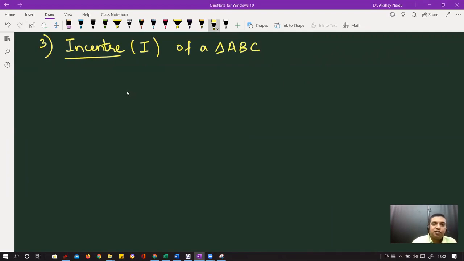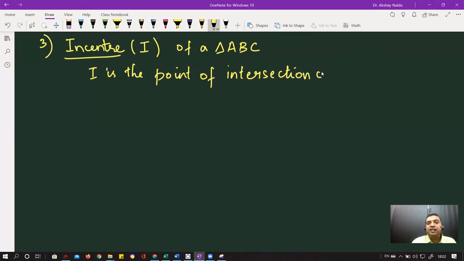Circumcenter is the point of intersection of perpendicular bisectors. What is incenter? Sir, the point of intersection of bisectors of internal angles. Very good. I is the point of intersection of bisectors of internal angles.